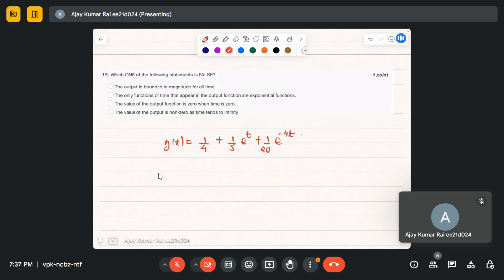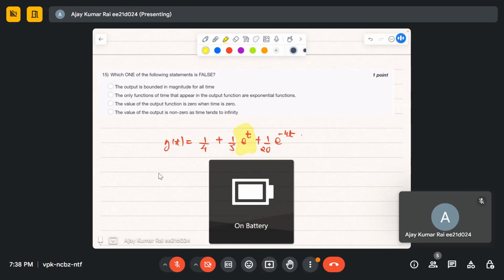The output is bounded in magnitude for all time. At t equal to 0, 1 by 4. At t equal to infinity, you see the second term will become infinite. So the first statement will not hold. So output also becomes infinity at t equal to infinity. So the output is not bounded in magnitude because it's going to infinity. So the first statement is wrong.